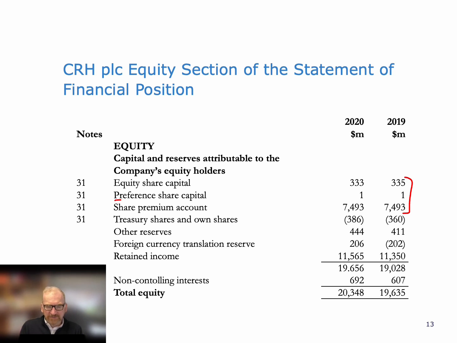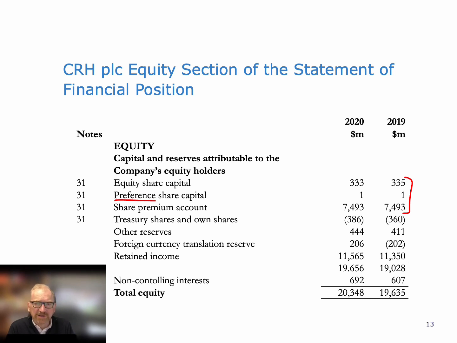There are preference shares, and those are a special kind of share. We'll see more about that later on in the module. Equity share capital is what we call the nominal value of the shares. Every company has a unit in which its shares are denominated. Usually it's a euro or a dollar, or it can be anything really, but you've got to set it up when you set up the company.